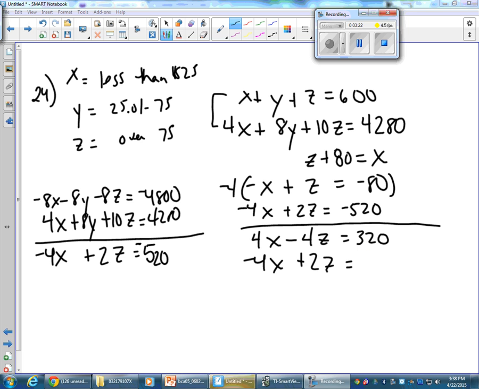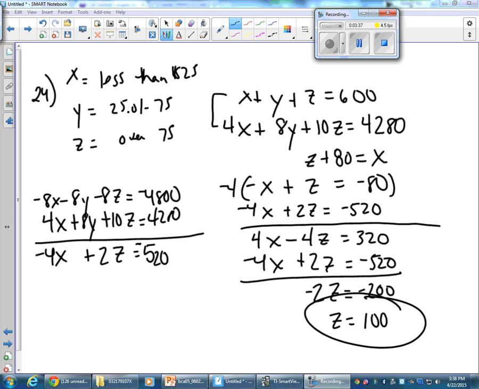And when I do that, I get negative 2z equals 320 minus 520 is negative 200. So z is 100.